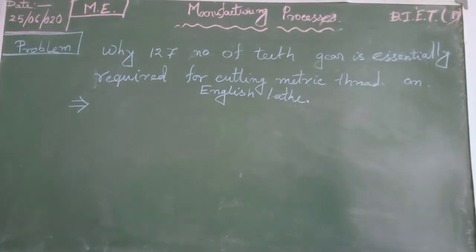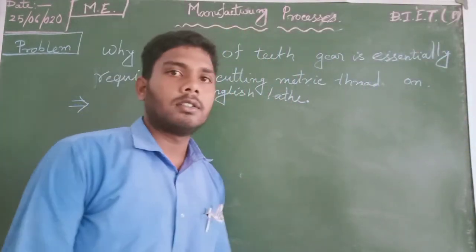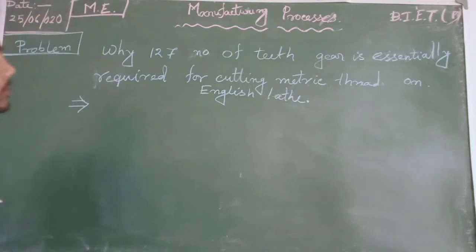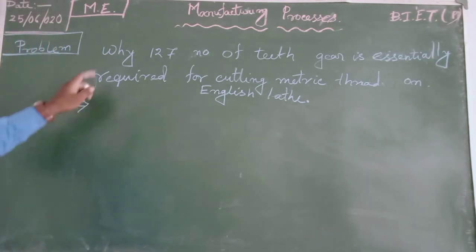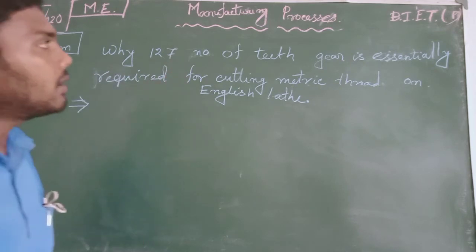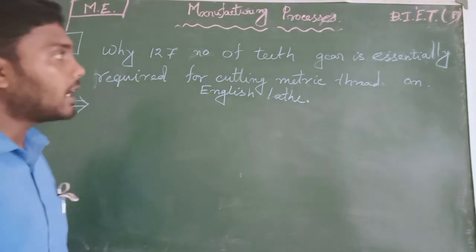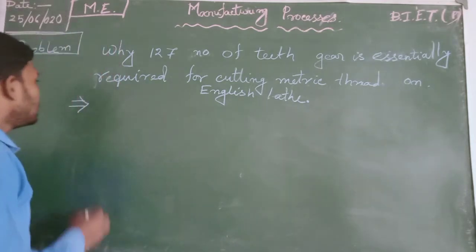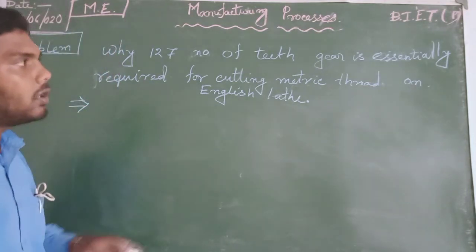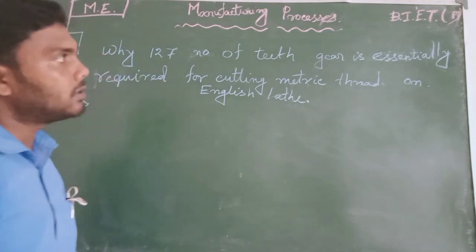Now, our next problem is from the same chapter, gear settings for English lathe. Why is the 127 teeth gear essentially required for cutting the metric thread on the English lathe? That means why is the 127 number of teeth important?